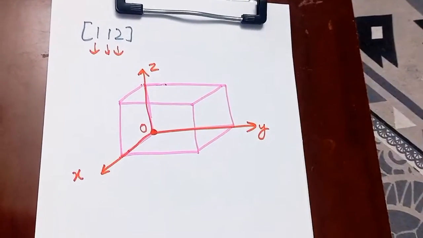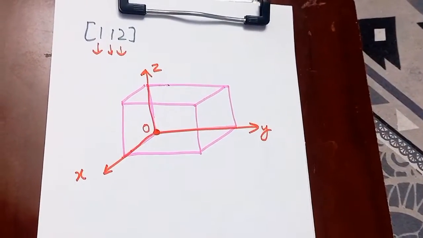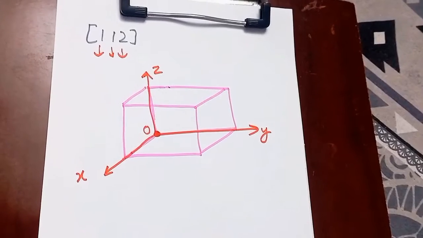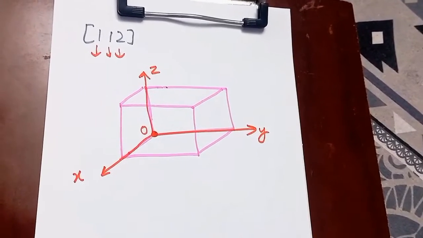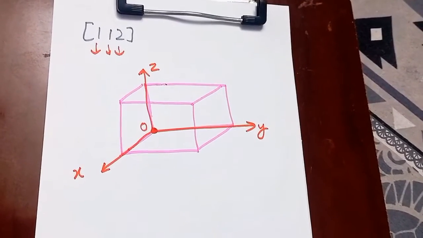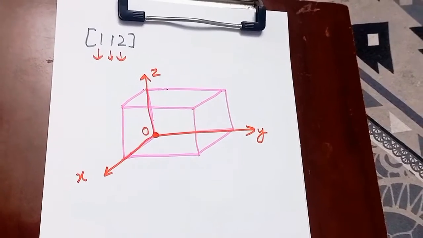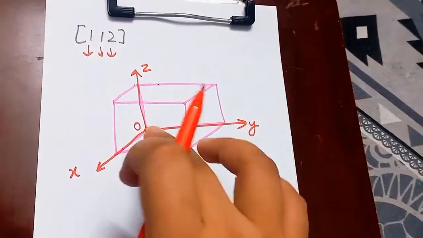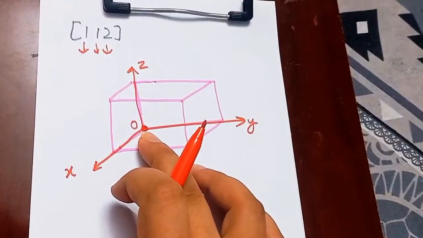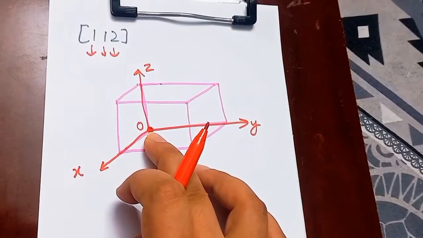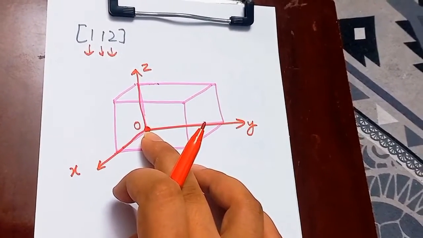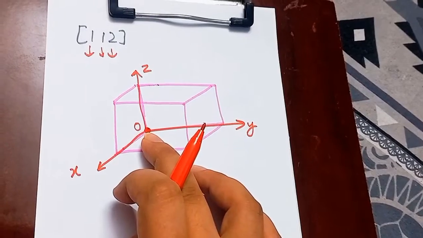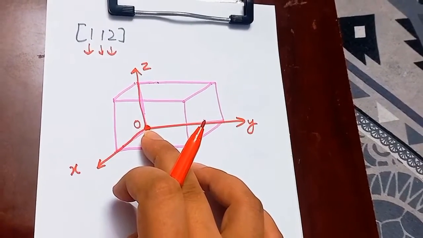In case any of the indices is negative, we have to shift the origin to ensure that our plane is drawn inside a single unit cell. If we do not shift the origin, if we take this point for example as origin, then you have to draw multiple unit cells in order to draw the plane completely. This is not something that we want.